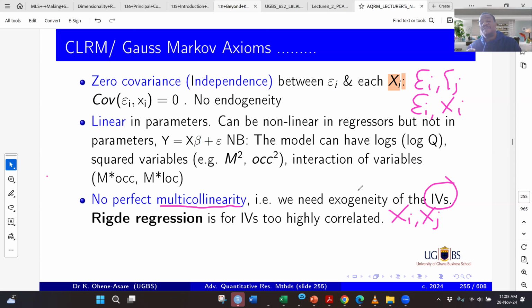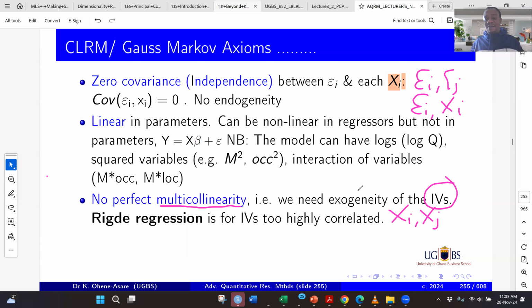They are so highly correlated that it becomes difficult to separate the partial link or the partial effect of one of these variables from the other before you look at its effect on the dependent variable.